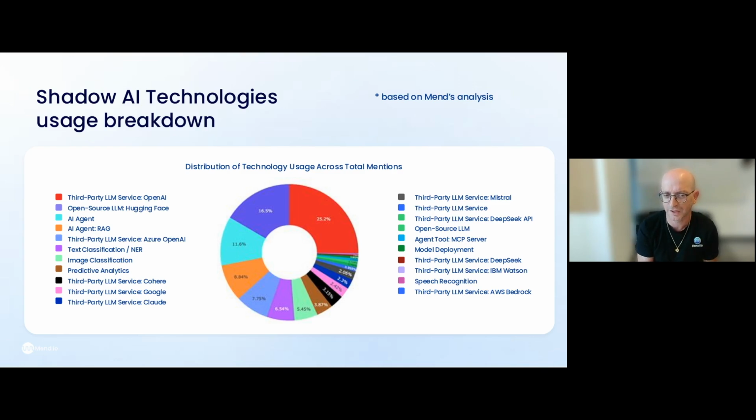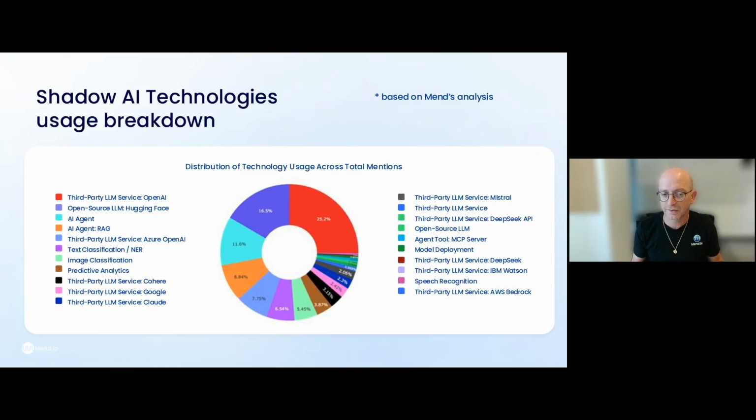I think it's almost 100% of the customers that are using it, and it varies very largely. Of course, many of them are using LLM services by OpenAI. Many are using open source models from different repositories like Hugging Face, a lot of usage of AI agents and RAGs, and then a lot of different types of inference providers and types of models.